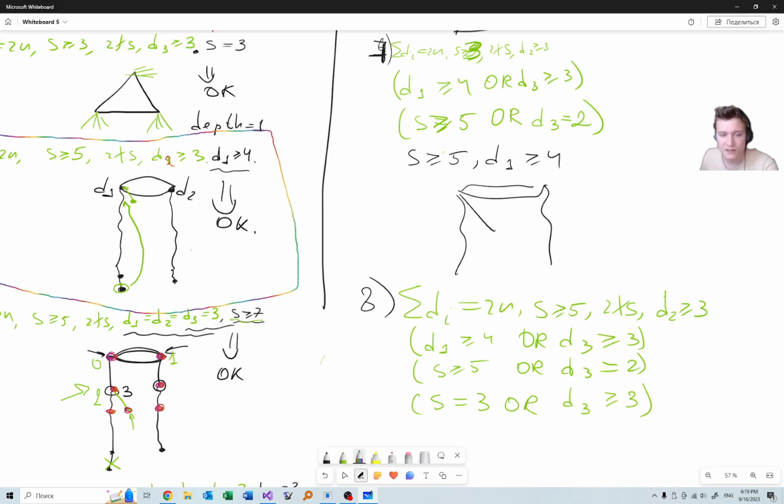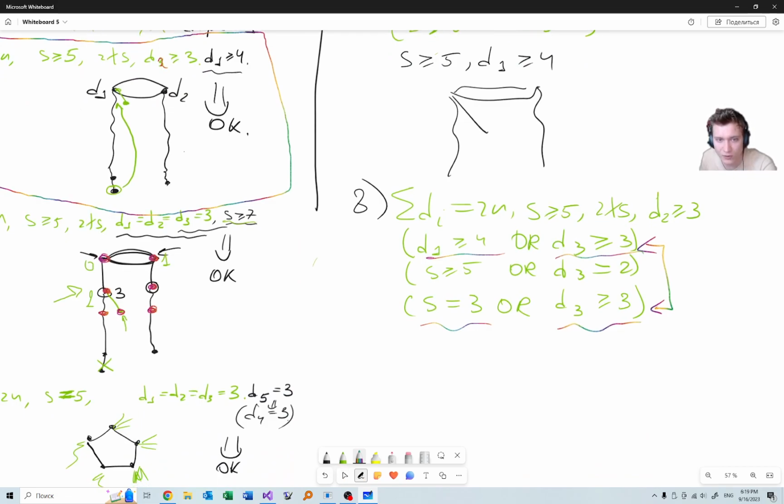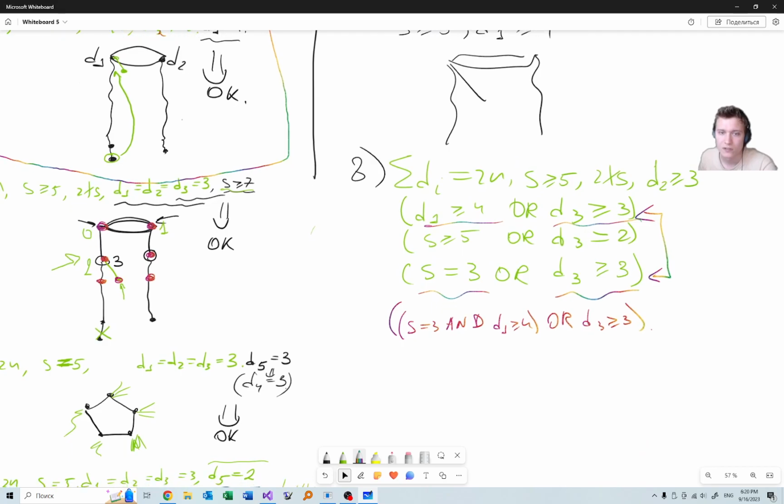So let's look at these two things. We know that this is true or this, and this is true or this. We can rewrite it as follows. We know that S equals 3 and d1 is at least 4, or d3 is at least 3. Okay, what about this thing?